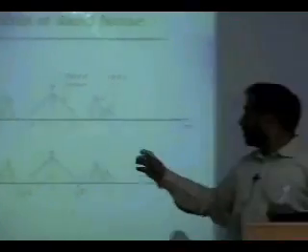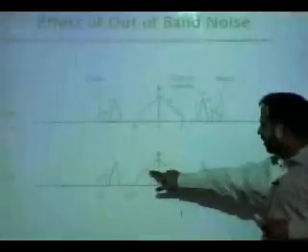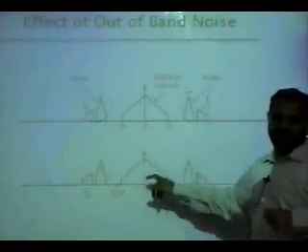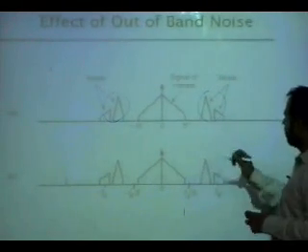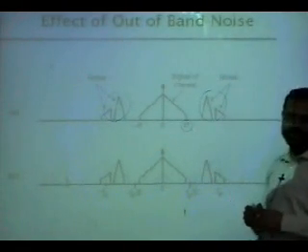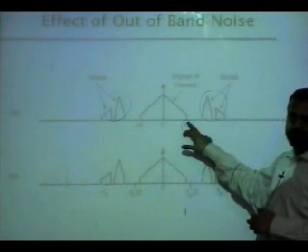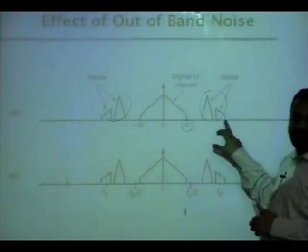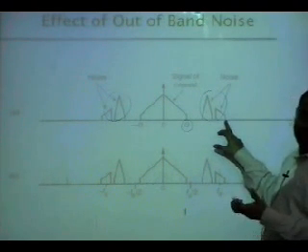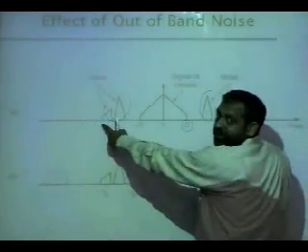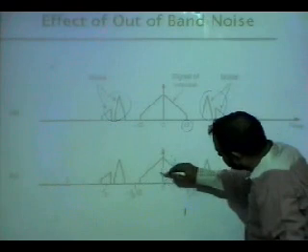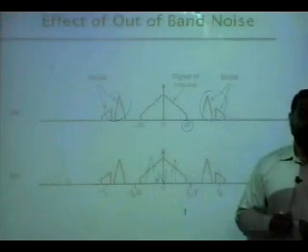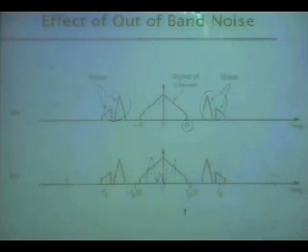Then that corruption will appear in your signal as well. Once you sample, you assume this is the highest frequency content and sample at 2B. Sampling at 2B will make copies of the whole thing here, and the copies will make all the things which you see appearing in your spectrum. This is what you need to clean.